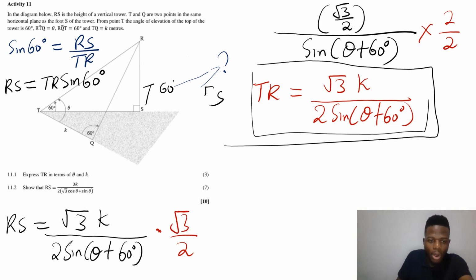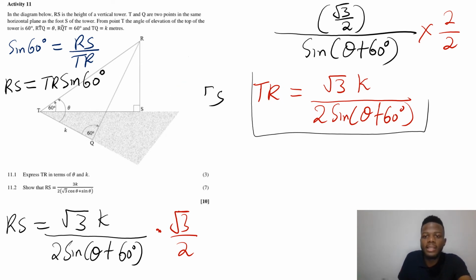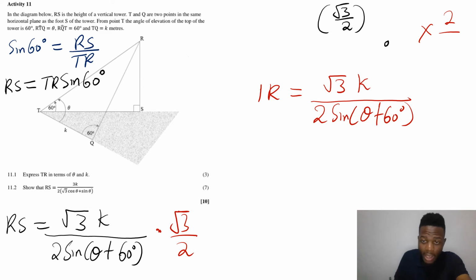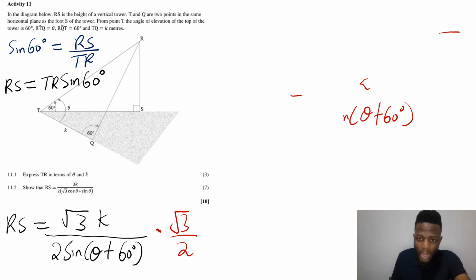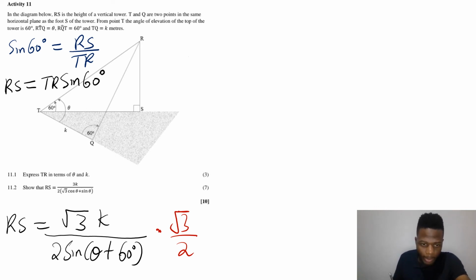Now we just need to simplify this in order to prove what we have. If you check, we are having cos, and so far we don't have cos. It means we must apply a compound angle identity, because this is a compound angle. So we must break it down.